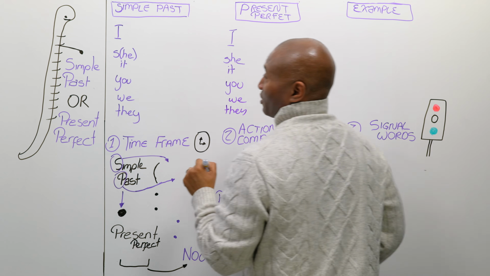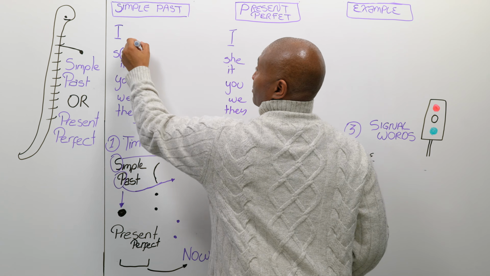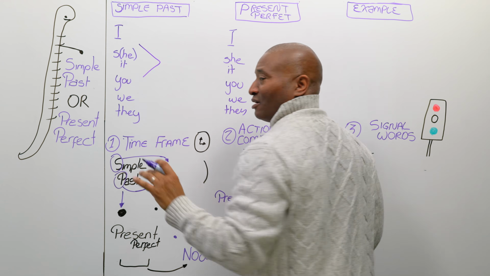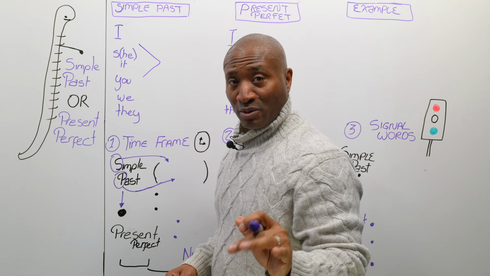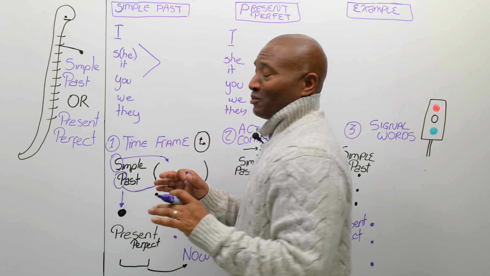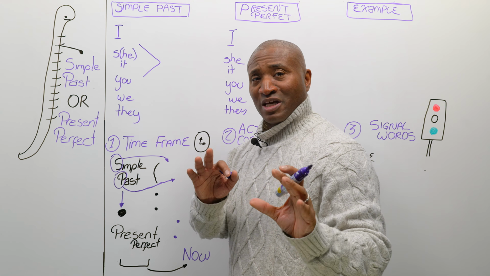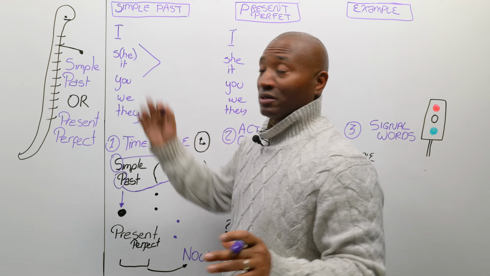When we do the simple past, we just take the verb and we put it in its past tense. Now, I'm only going to do regular verbs for this particular class, so I'm not going to go into the irregular verbs like the verb to be. It's complicated, so let's keep it simple, shall we?